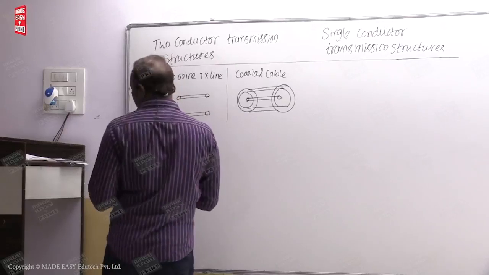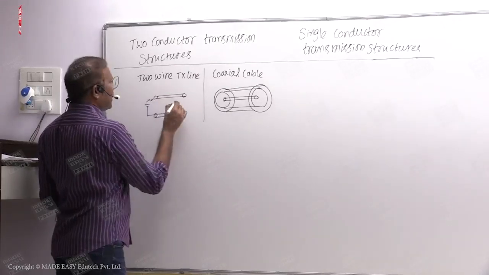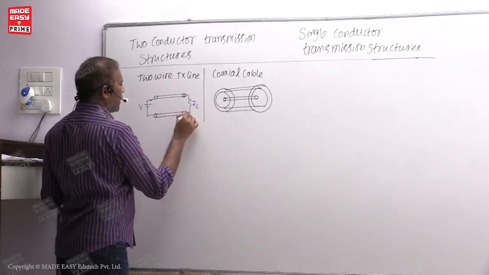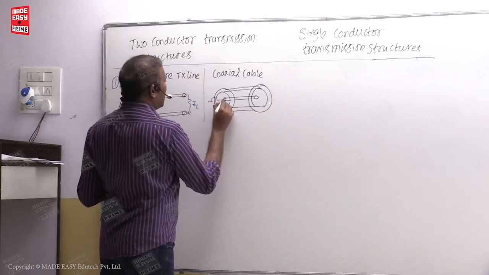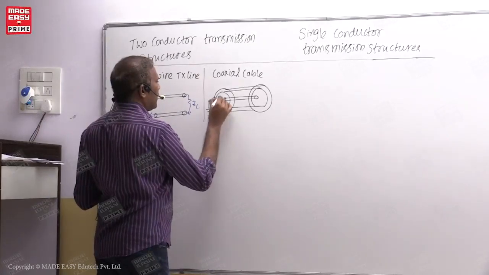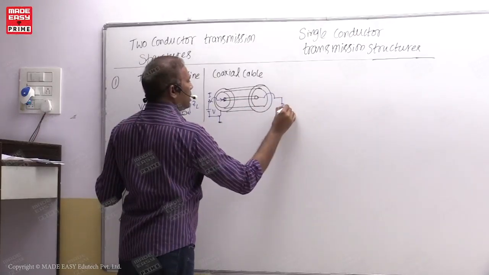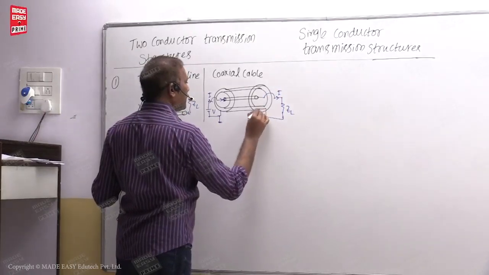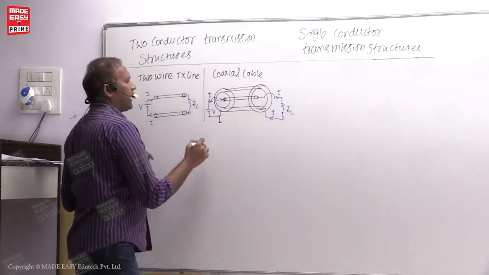Like this it is connected, and current goes like this, supplies the load ZL, and again comes back, current comes back in this conductor, I. Similarly here also you connect the voltage, grounded, then current I goes in the inner conductor, travels here, then the load ZL is there, and that current I goes out in the outer conductor and comes back again.